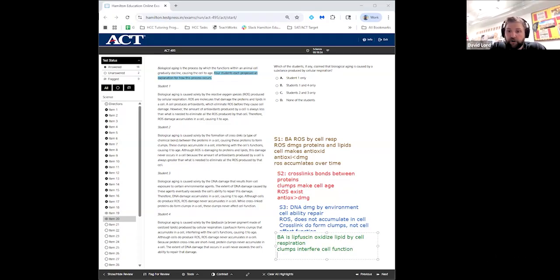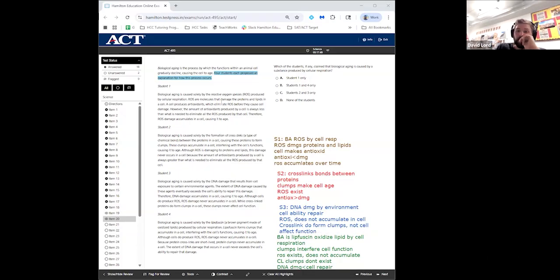They do produce ROS, so ROS does exist, but it never accumulates. So that's like scientist 3, does not accumulate. And the cross-link is short-lived. The cross-link clumps don't exist. And the damage in the cell never exceeds its ability to repair. And then so DNA damage does not occur, cell repair.